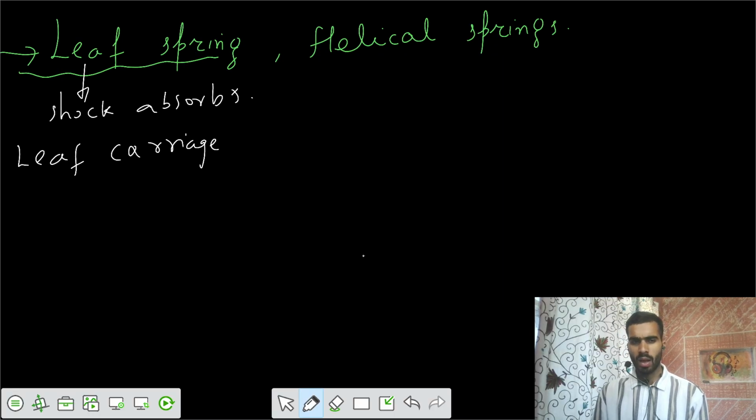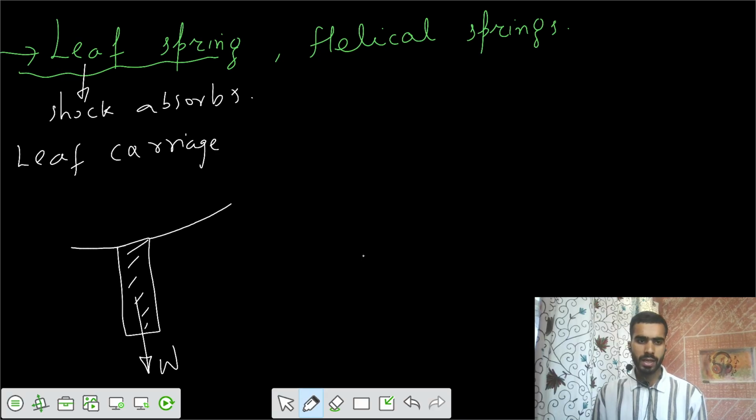Let's say the sketch of that looks like this: you apply some load of W, and we have the plates attached here.